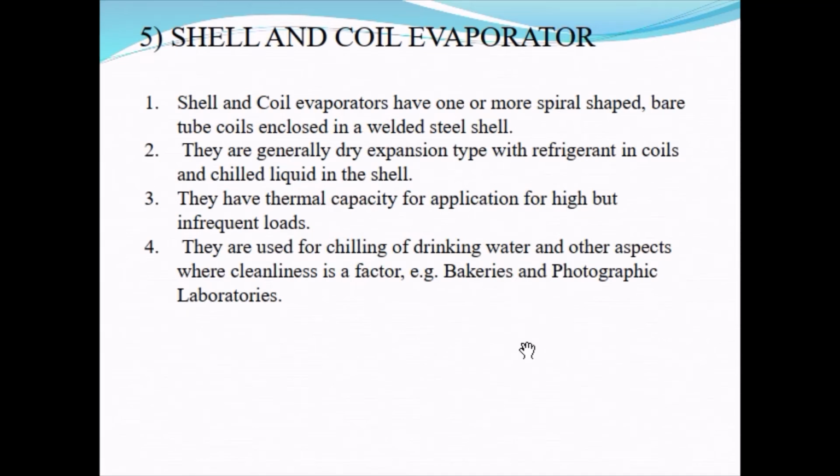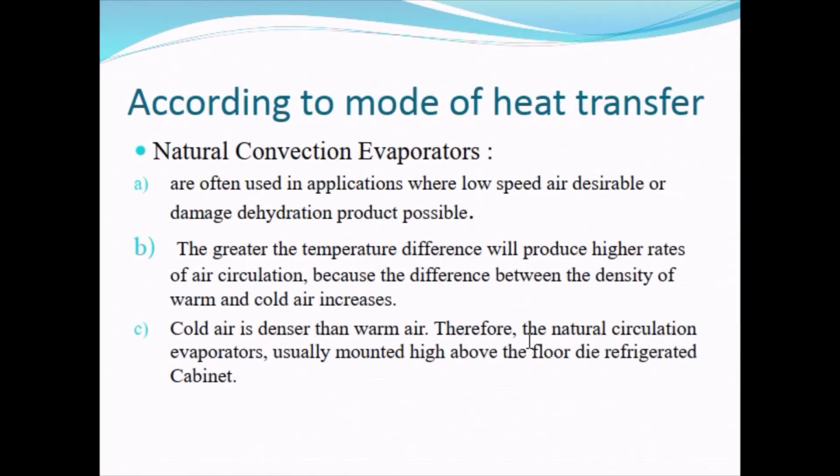These are the applications. According to the mode of heat transfer, natural convection evaporators are often used in applications where low air speeds are desirable or dehydration of the product is possible.